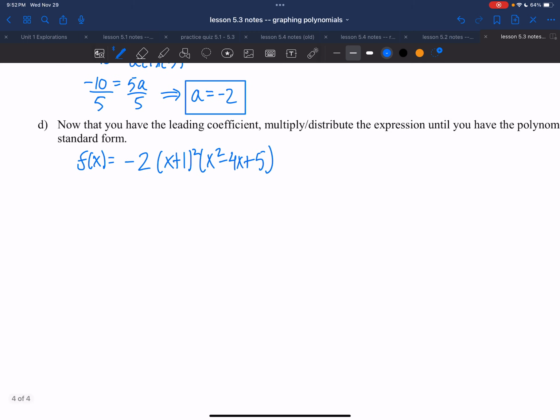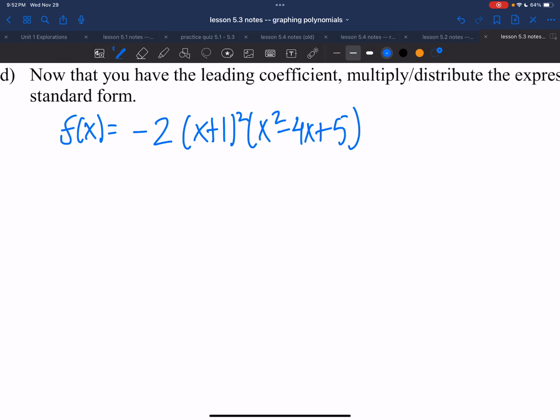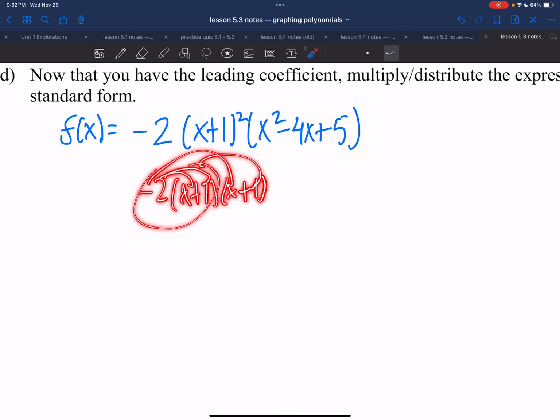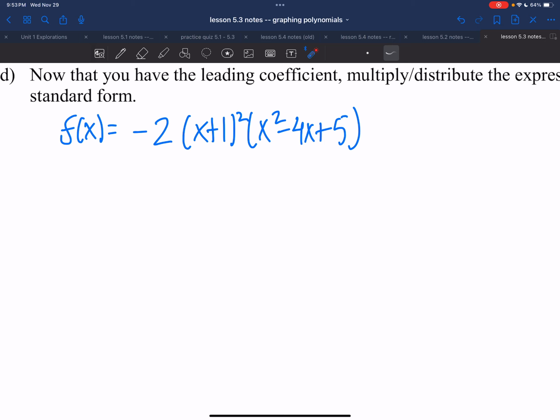Now, you can distribute this however you like, all right? If you want to expand this and then distribute the -2, or if you just want to split this up into x plus 1 and x plus 1, and then distribute the -2 to this one, and then take that and multiply this, and then take that and then multiply all three of those, whatever floats your boat, yeah? Whatever you like. I'm going to do it the way I like.